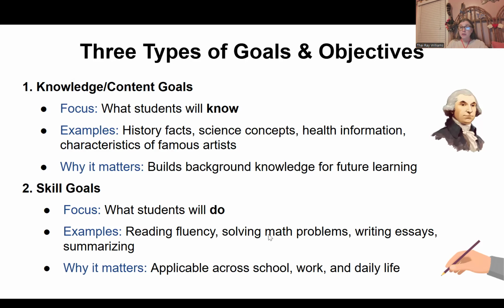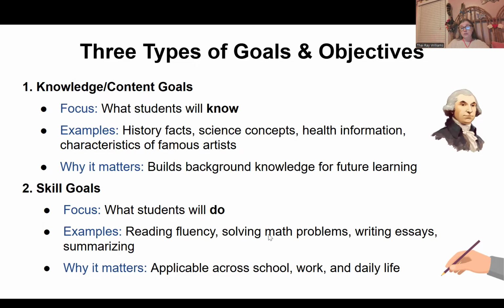Next, we have skill goals, and this is really focused on what a student will do. It could be things like reading fluency, being able to solve long division problems, writing a 5-paragraph essay, or summarizing an article that they've read. These are super important goals because these are skills, things that students will need to do across contexts.